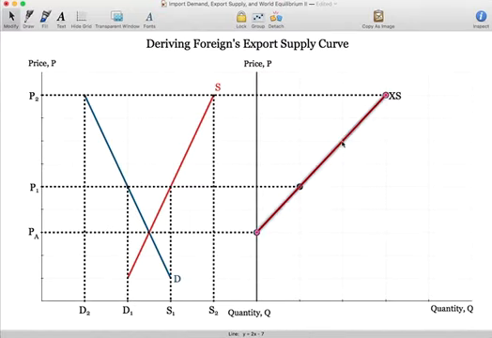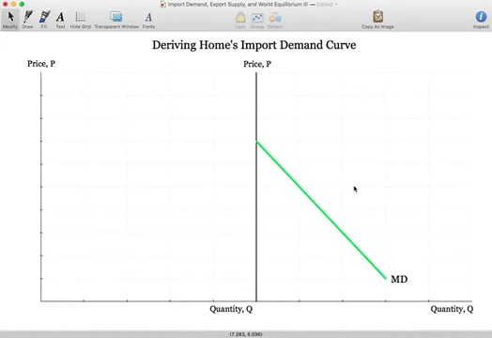And then I'm going to copy export supply and paste that into this graphic. So the world equilibrium is going to occur where export supply is equivalent to import demand. So I just took the information from the previous slides and pasted them on here.